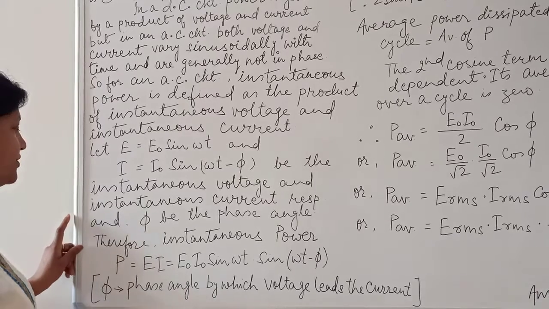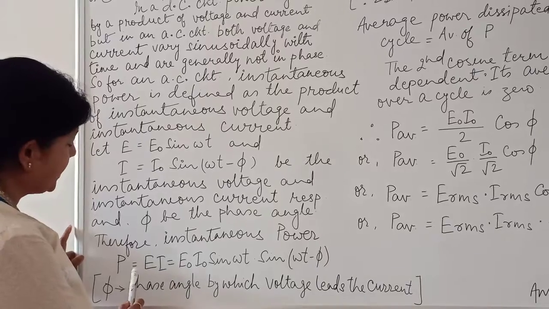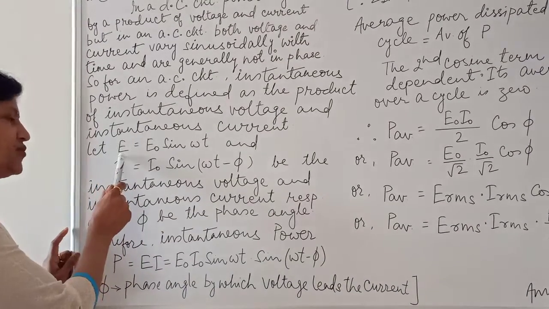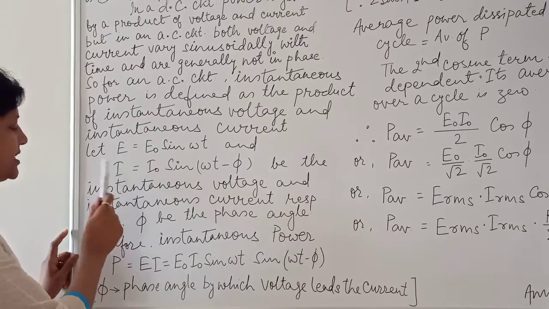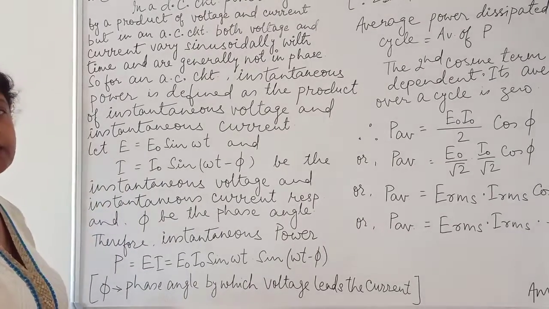So, we can write instantaneous power P is equal to the product of instantaneous voltage and instantaneous current, that is EI.